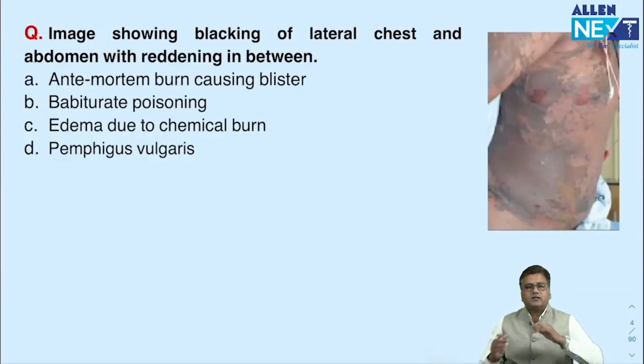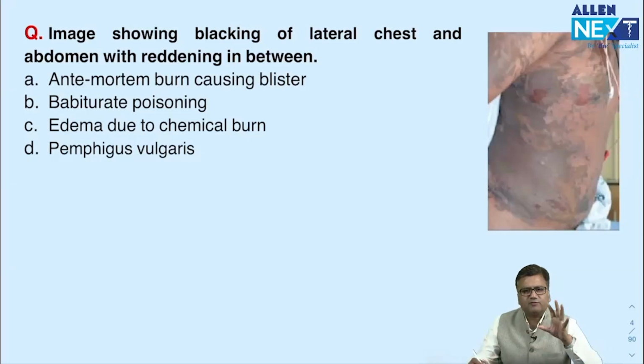Next question. Now, this is kind of a tricky question that students have told. They have told that in the exam there was a photograph which showed a blackish appearance on the chest and abdomen with certain reddened areas of burst blisters, and there was a blister also which probably was visible on the photograph.